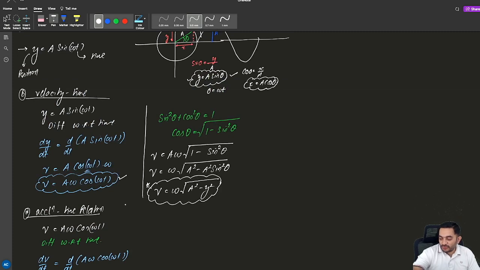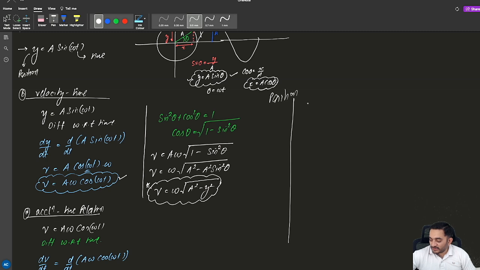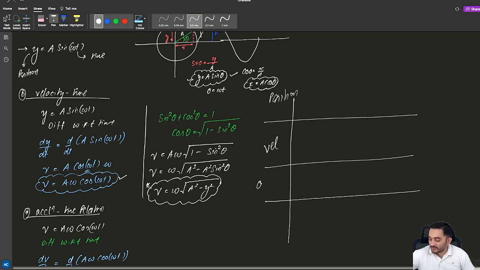If I have to show you the graphs for these three, let's say this is the position time graph, the velocity time graph, and then the acceleration time graph. The position time graph we have written is a sine theta, so wherever the value of sine is 0, 90 and 180, this is the sine graph.